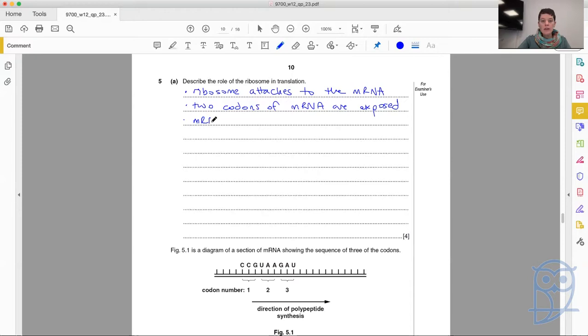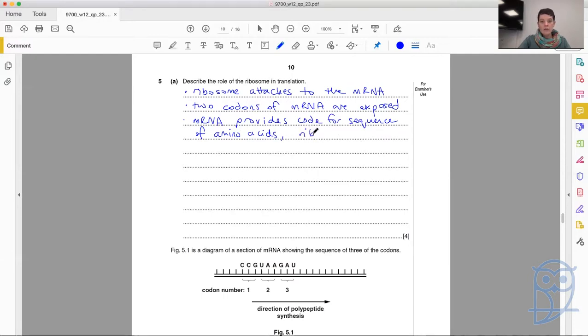So mRNA provides the code for the sequence of amino acids.